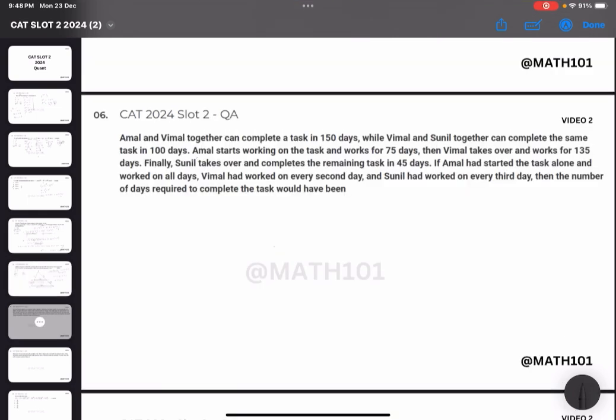Let 150 units be the total work which has to be completed. Amal does A unit of work in a day, Vimal does V units, and Sunil does S units of work in a day.